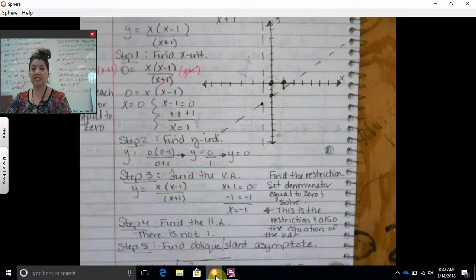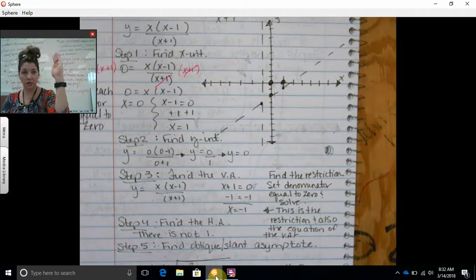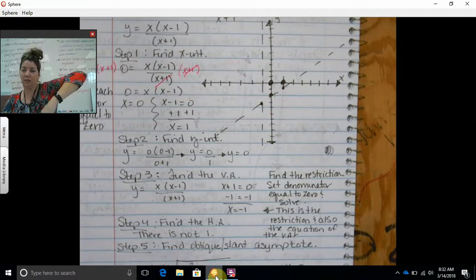So that's a slant asymptote or an oblique. You've got vertical, horizontal, and then if it's slant or oblique, it's going to be any other line that's not vertical or horizontal.